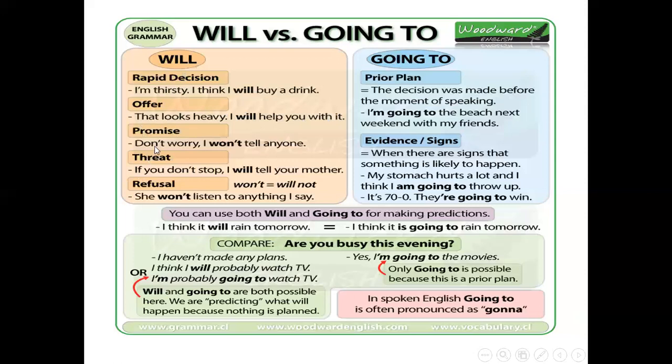Threat. You know threat? Okay, I'll punish you if you don't do your homework. This is a threat. If you don't stop, I'll tell your mother. So here we use will also when we want to refuse something. So here, she won't listen to anything I say. What do you mean by won't here? Won't means the same as will not.